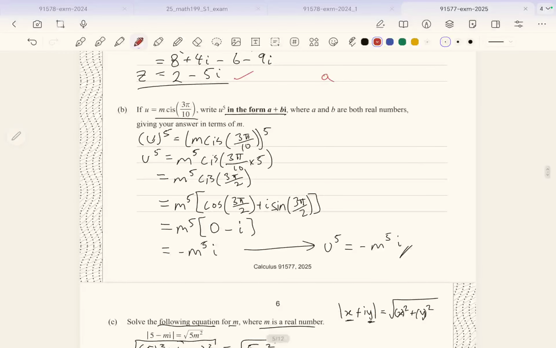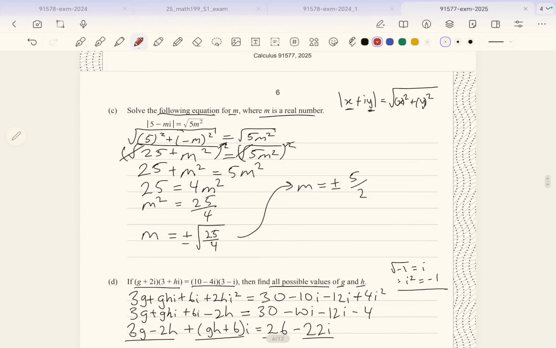Using the correct method and finding the correct value to find e equals to 5 will give you another achieved tick. Getting up to this line here will give you your achieved tick, and finding your solution for m will give you your merit tick, and it must include plus or minus.